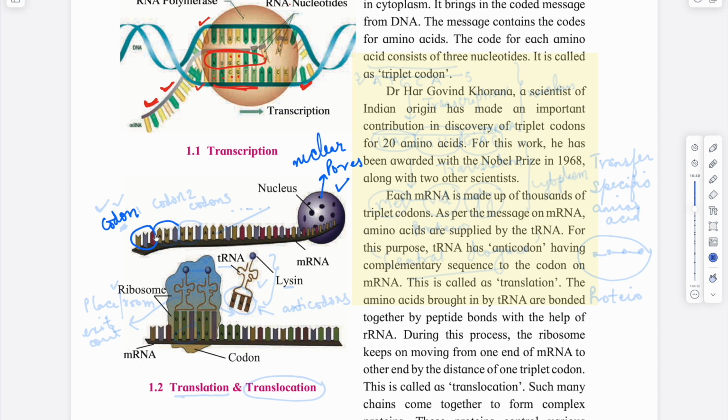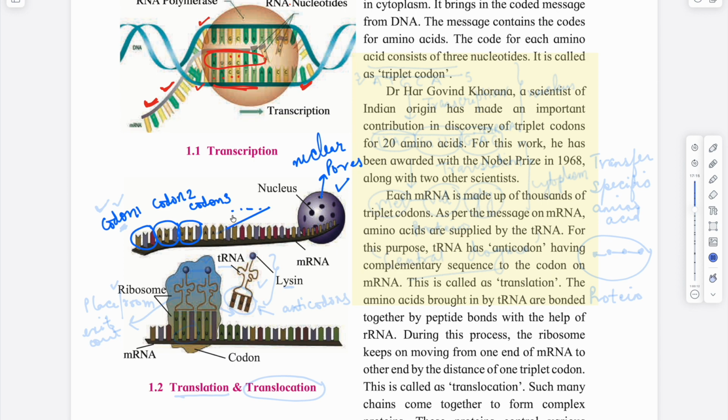The next 3 nucleotides are another codon. This is codon 2, right? The next 3 bases are codon 3 and so on. So the triplet of bases on mRNA are known as codons, right?